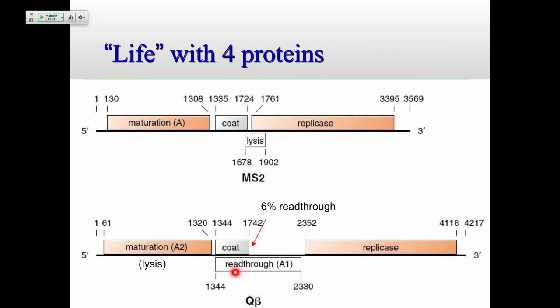Q beta is slightly different. It doesn't have this specific lysis protein, but what's called a read-through protein. We'll see this happens quite a lot in various different RNA viruses. There'll be a stop codon that is sometimes used and sometimes not used. That's well known in Q beta. It turns out that this protein actually does a very similar job to this lysis protein.